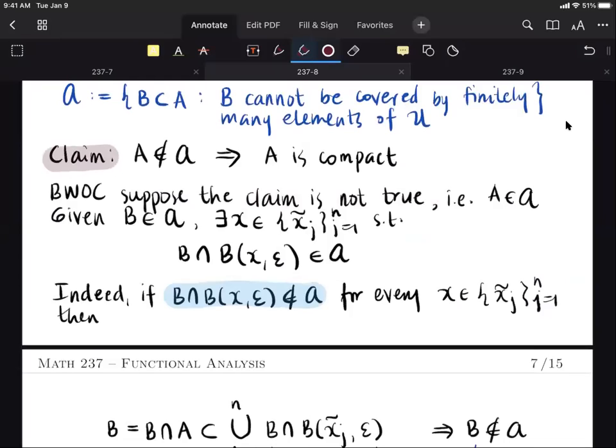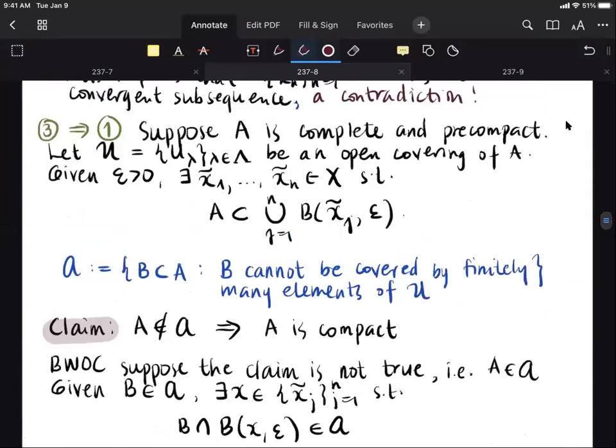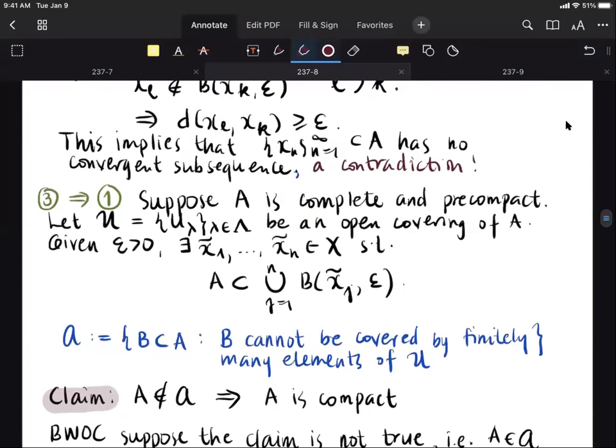Hence, A must not be in script A. And based on this definition of script A, you take the negation: A can be covered by finitely many elements of U. Hence, we have reduced this open covering to a finite subcovering.